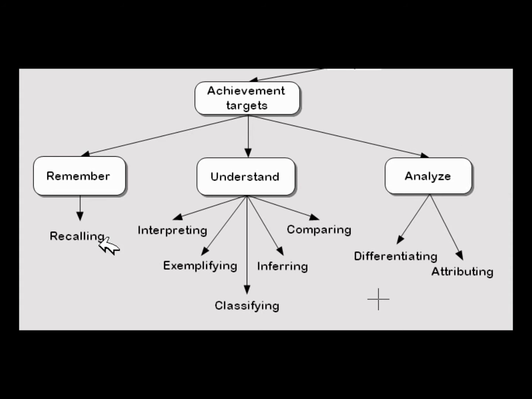And you can see the ones that I've selected within those: recall, interpret, exemplify, classify, infer, compare, differentiate, and attribute. Those are the targets that I see as the best match with selected response.